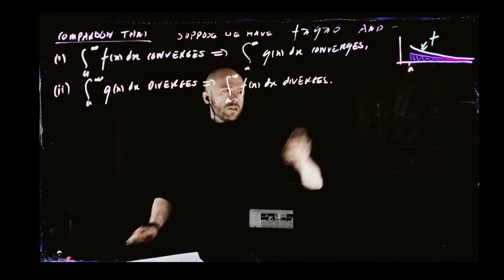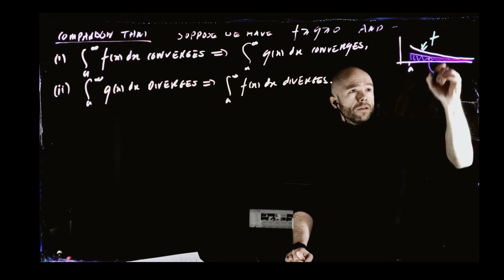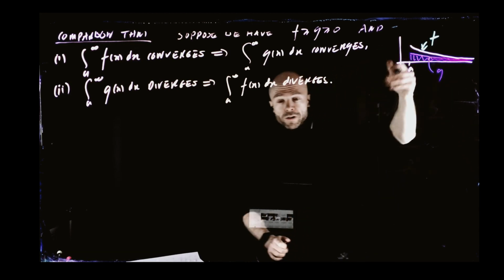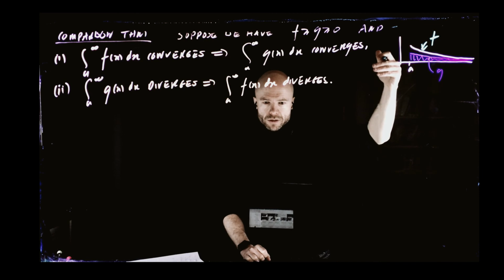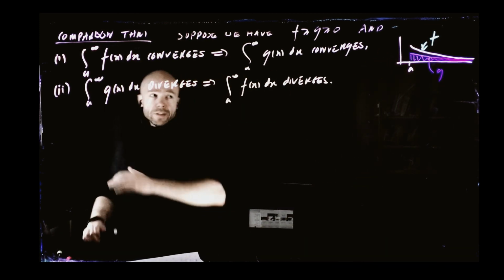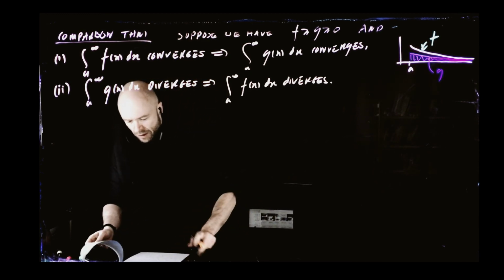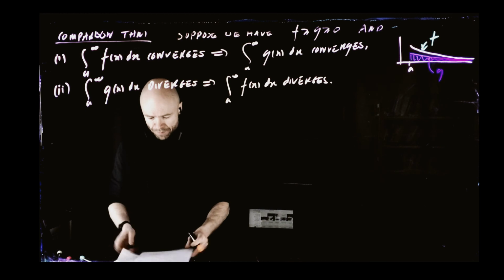And again, it's just instantly clear from the picture. So if the area underneath the graph of g is infinite, then the area underneath the graph of f is infinite as well, right? Because it lies on top. Yeah? So we've been using this principle without explicitly stating it, but now we explicitly state it. And this sometimes is essential for us to answer some of these questions.